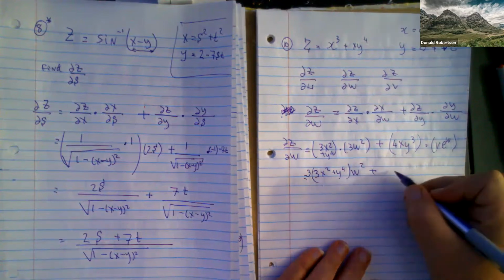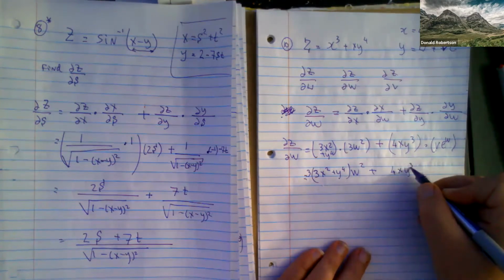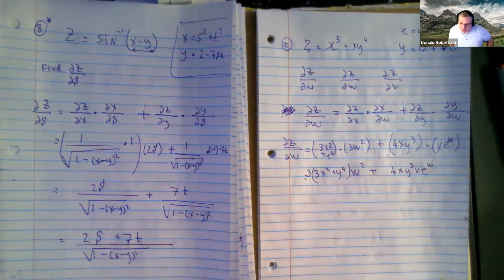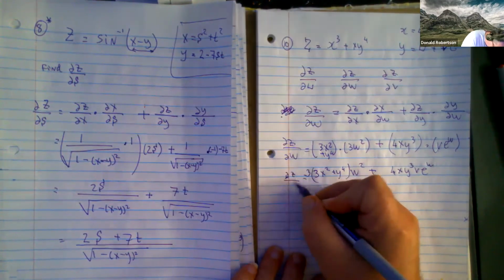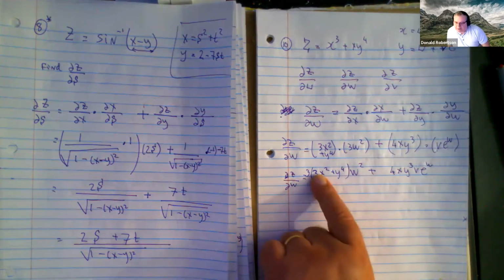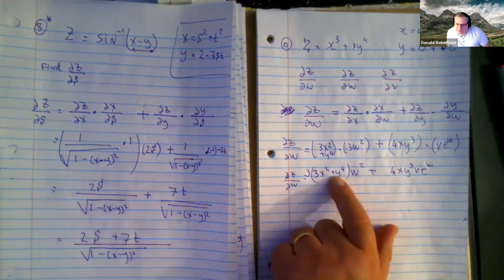This one's got more mileage. I can have 4x y cubed v e to the w. It's just a whole load of things multiplied. Now, if the question had just been dz by dw, this would be it. You could tweak it a little bit, but this is it.